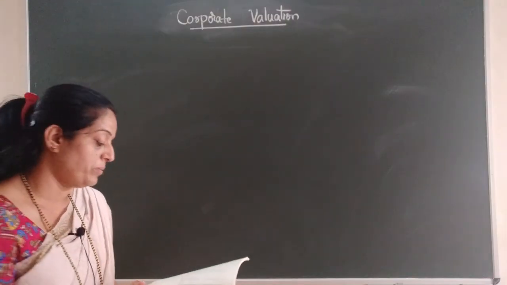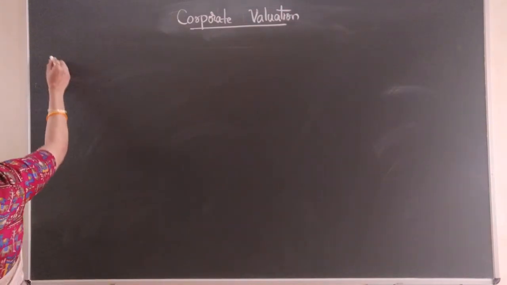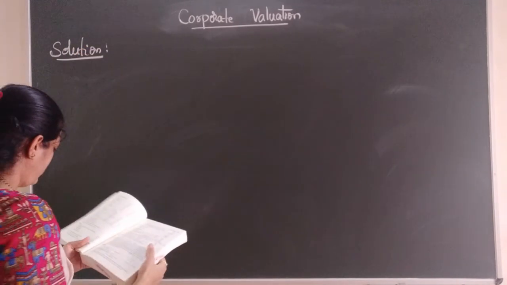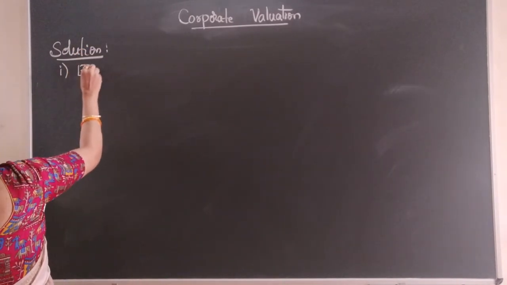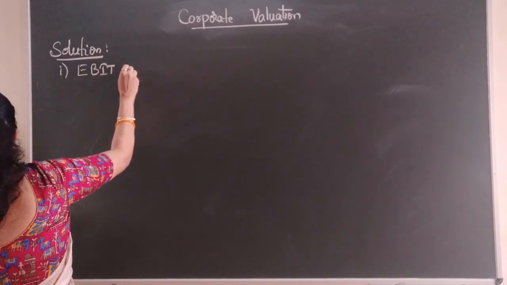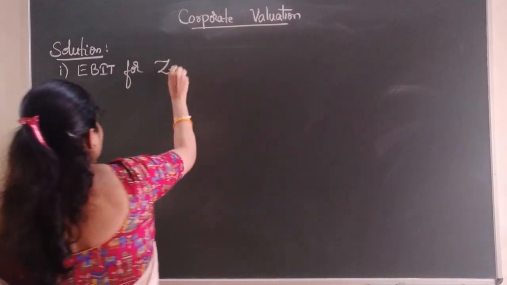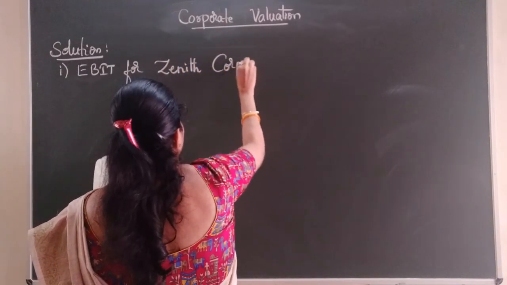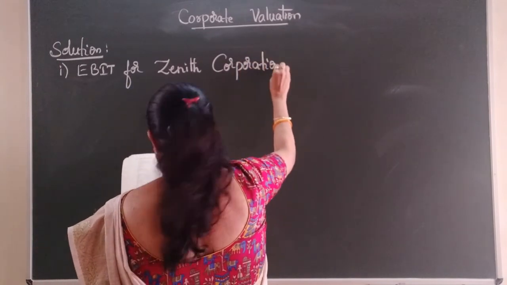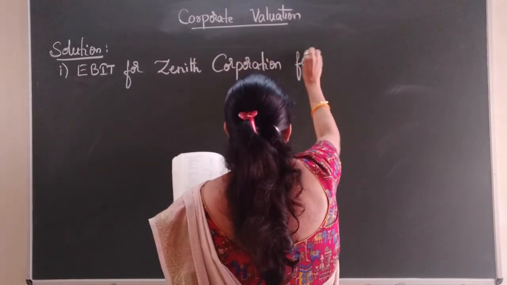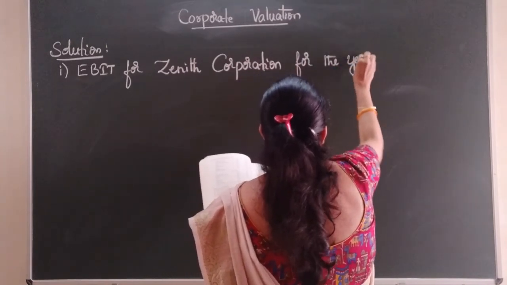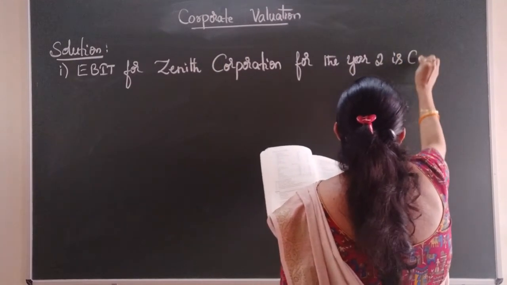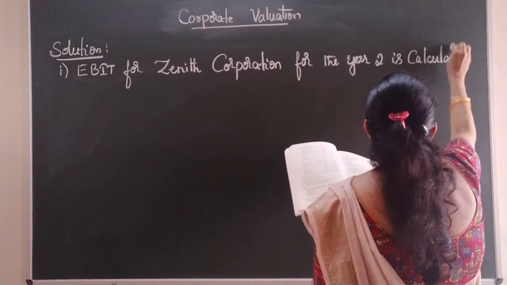So, the solution for this problem. First question, EBIT for Zenith Corporation for the year 2 is calculated as follows.